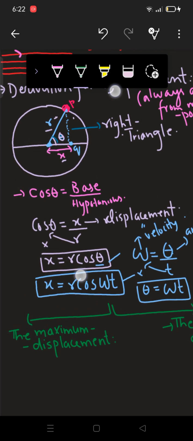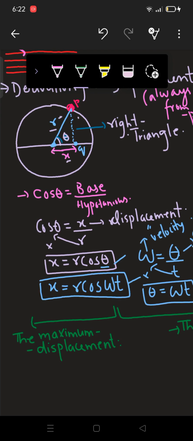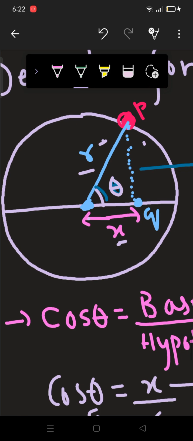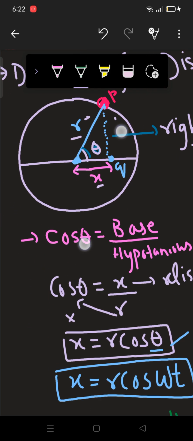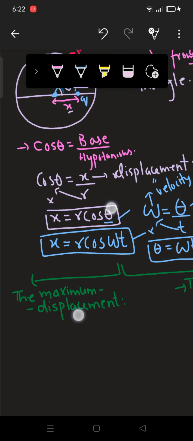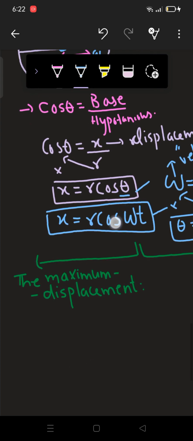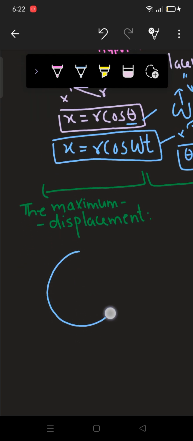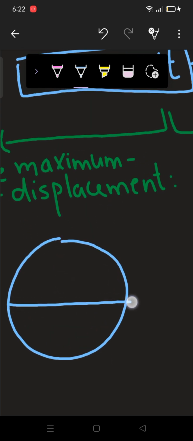Now see, this all depends upon this theta. If I make this theta 0 degrees, this line would now come here. We had theta here, but now I'm making it 0 degrees.